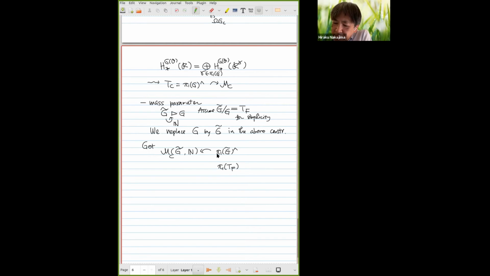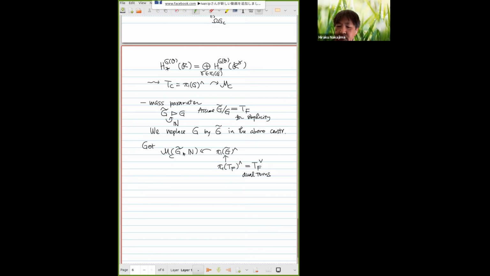You have the homomorphism from pi 1 of G tilde to pi 1 of TF, but since we are taking the Pontryagin dual, you have the group homomorphism in the opposite direction. So you have the action of this group on this Coulomb branch, and this is nothing but the dual torus. You have a torus, you consider the fundamental group and take the Pontryagin dual. This is nothing but the dual torus.